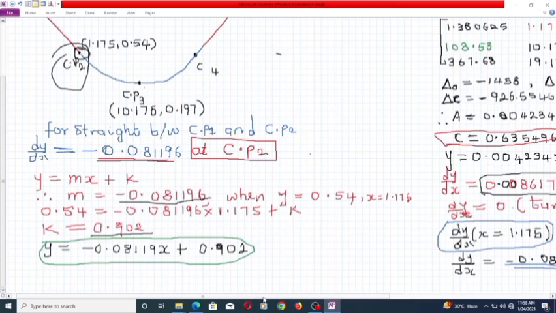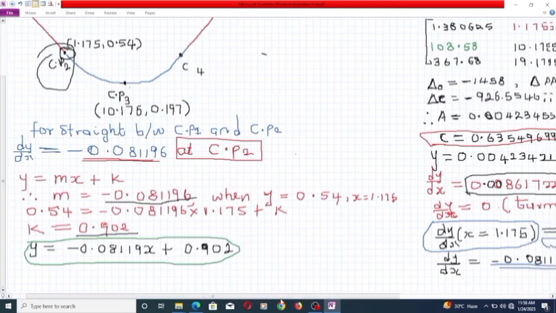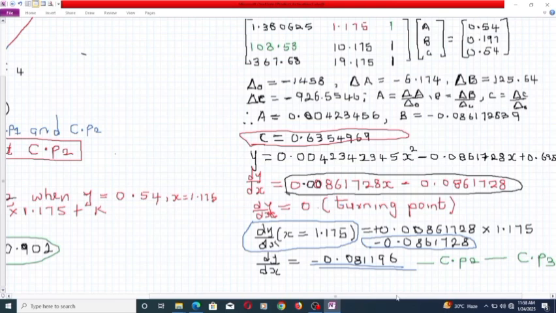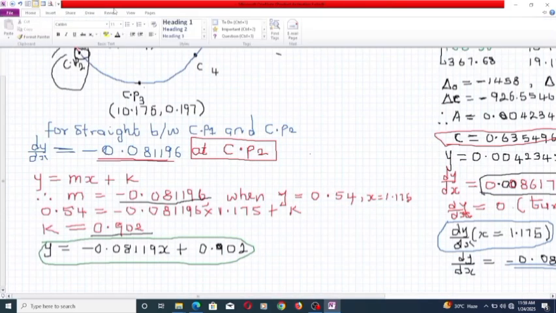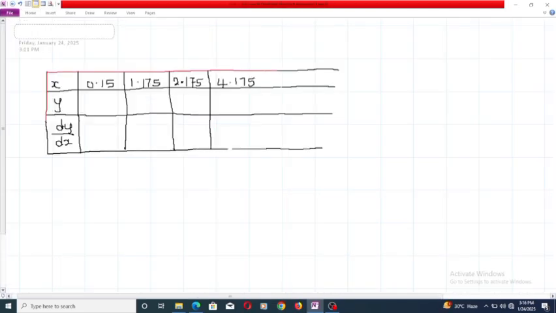Now, having obtained the various unknowns, we'll go straight to obtaining the slope at various intervals. Let's look into that. We already have the table for the x and y coordinates as well as the slope at intervals of 2 meters.